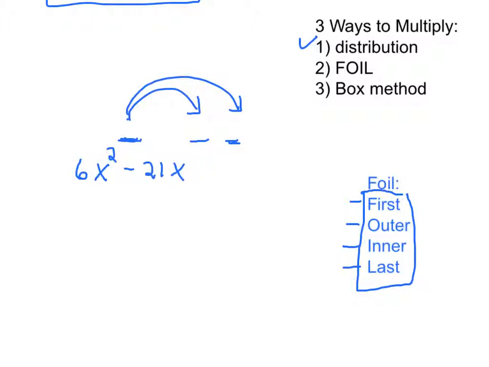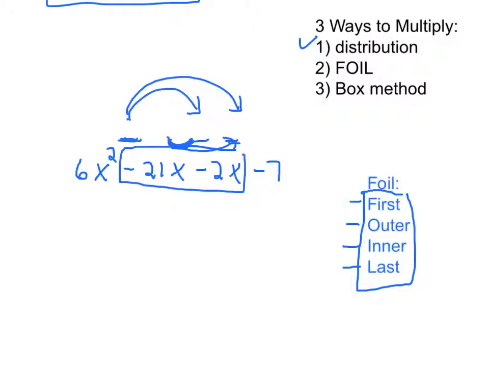Then I would multiply the inner 2 terms. So these are the inner 2 terms right here. Negative 1 times 2 is negative 2x. And then the last terms. So the last terms would be the negative 1 times a negative 7. Negative 1 times negative 7 is positive 7. Then you will combine like terms, which your terms will be in the middle.